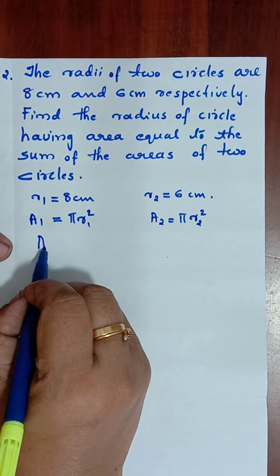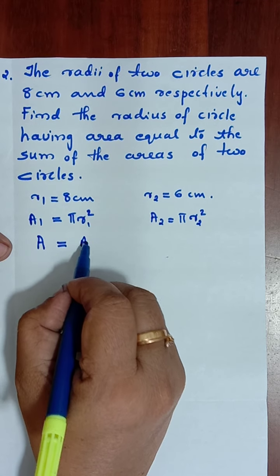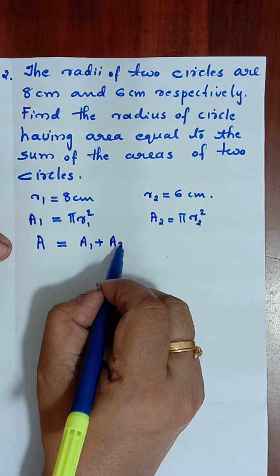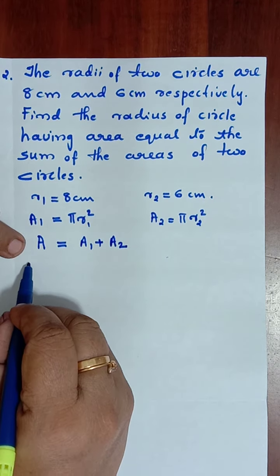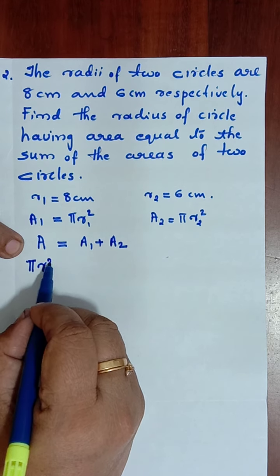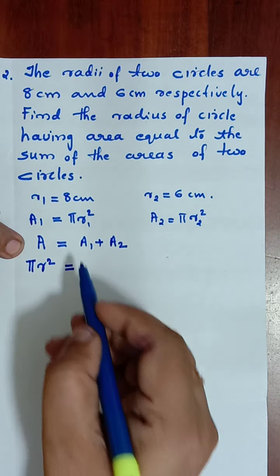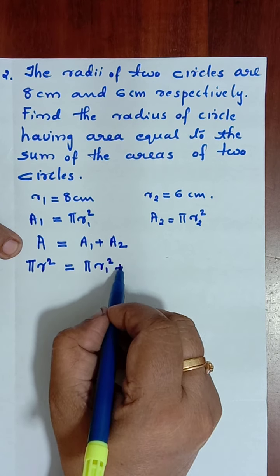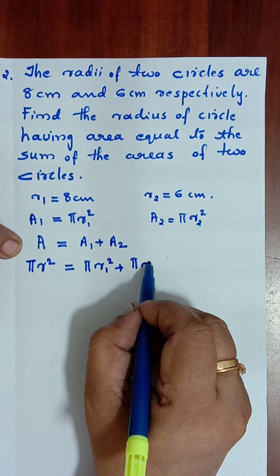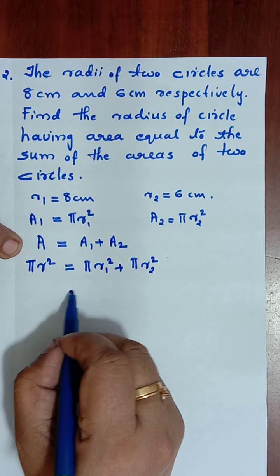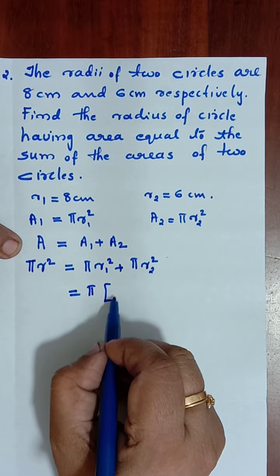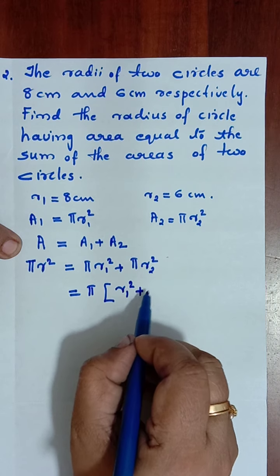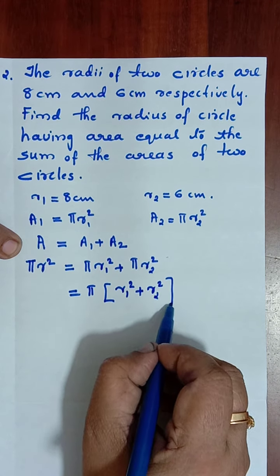Sum of the areas, A is equal to A1 plus A2. A1 will be pi r1 square plus A2 will be pi r2 square. That's equal to pi into r1 square plus r2 square.